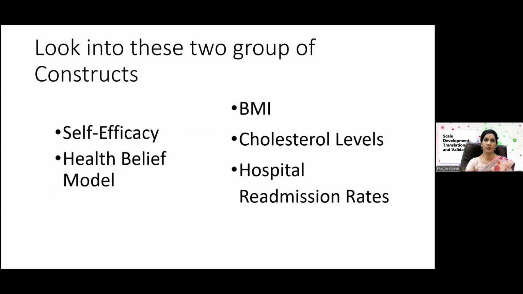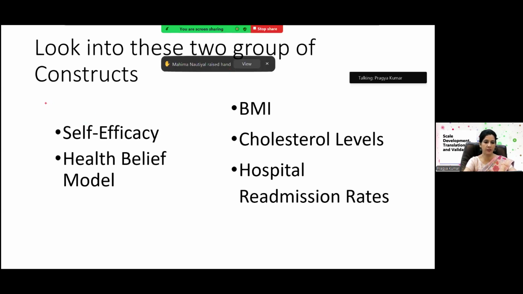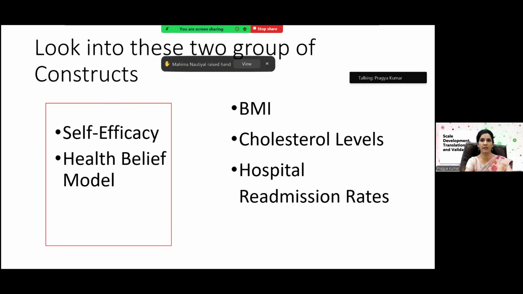Now again, look at these two groups of constructs. You can find one towards the left, self-efficacy and health belief model. Do you find any theories behind these? Yes. So the left will have theory, the health belief model.